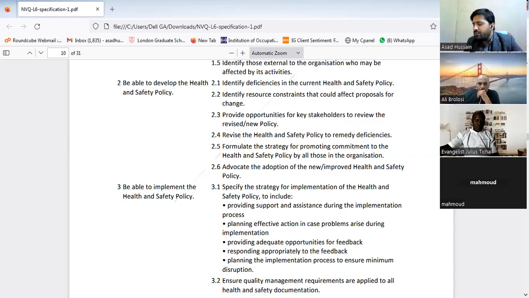So you have to explain the barriers or restrictions you are facing in your organization for any change in the health and safety policy. You don't have to provide any evidence for this. You just have to describe the barriers you are facing in your organization.